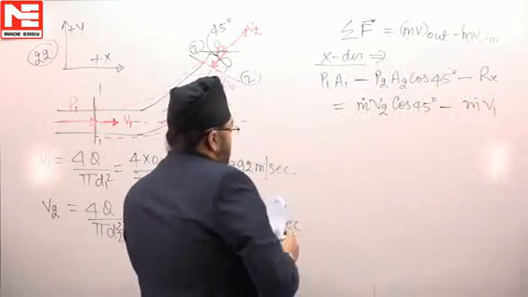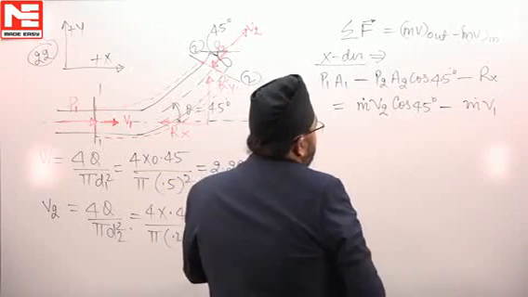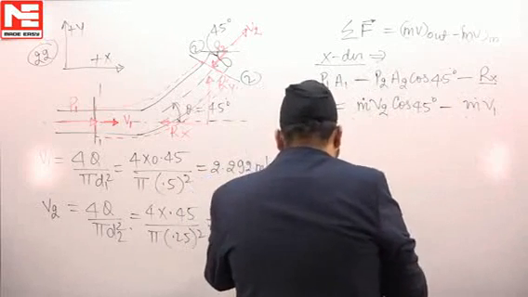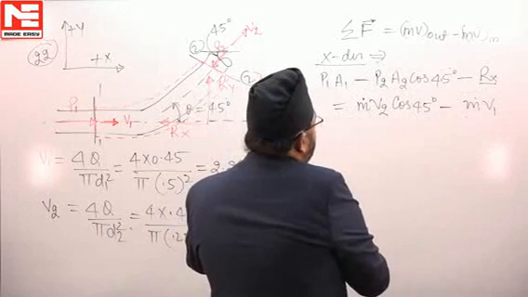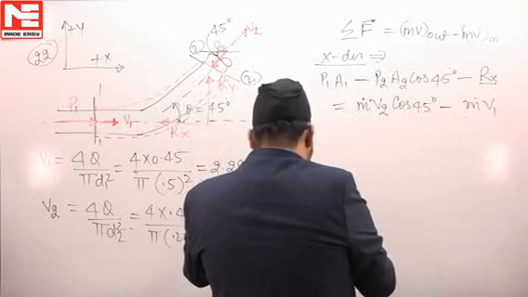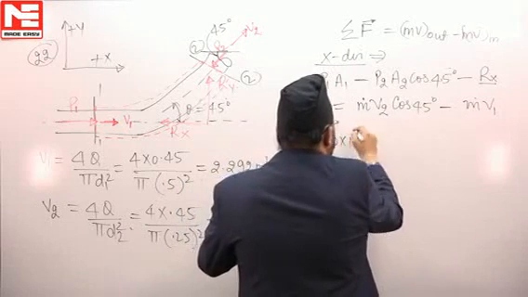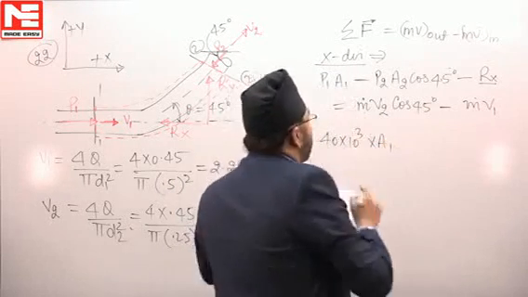So here we can find the value of Rx. The only unknown is Rx, because we are dealing with water as the fluid. P1 is given, 40 kilopascals. A1 we can calculate since the diameter is given.